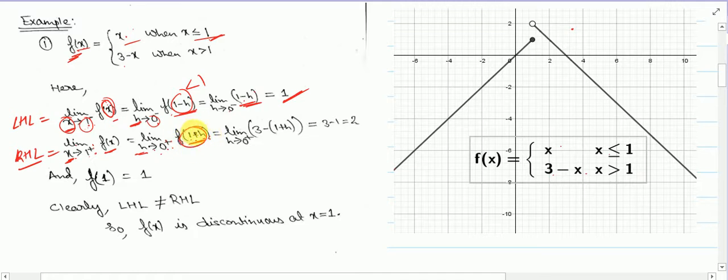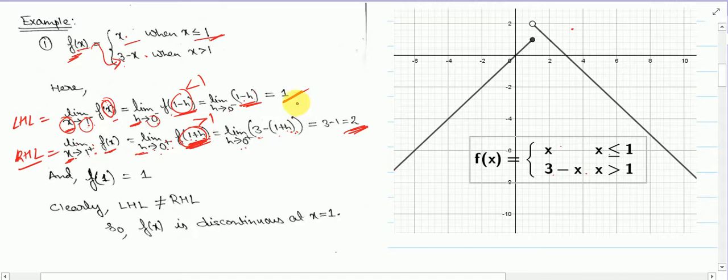Now 1 plus h will be greater than 1, so the output will be governed by this one, 3 minus x, so your output will be 3 minus this whole thing. Then if you put h equal to 0, you are getting a definite value, so the limit will be 3 minus 1, that is 2.